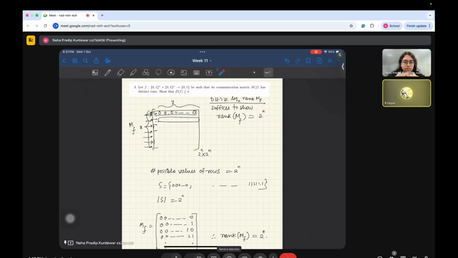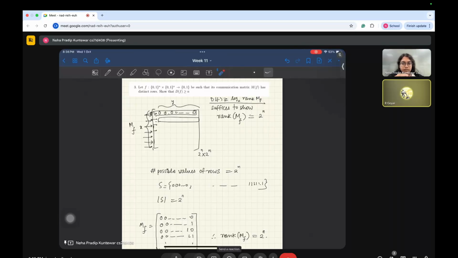So if I have been given a matrix of dimensions say 4 into 4, then what is the minimum length of the description required to represent it? There is an idea called minimum description length, MDL.